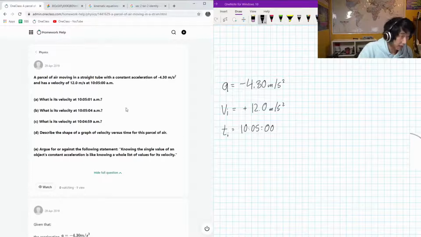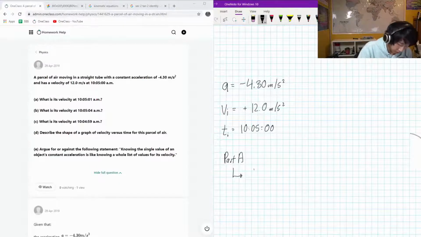Okay, so for part A, it's asking us what is the velocity at 1 second later. What we need here is our kinematics equations. Our final velocity VF is equal to our initial velocity plus our acceleration for however long we do this.